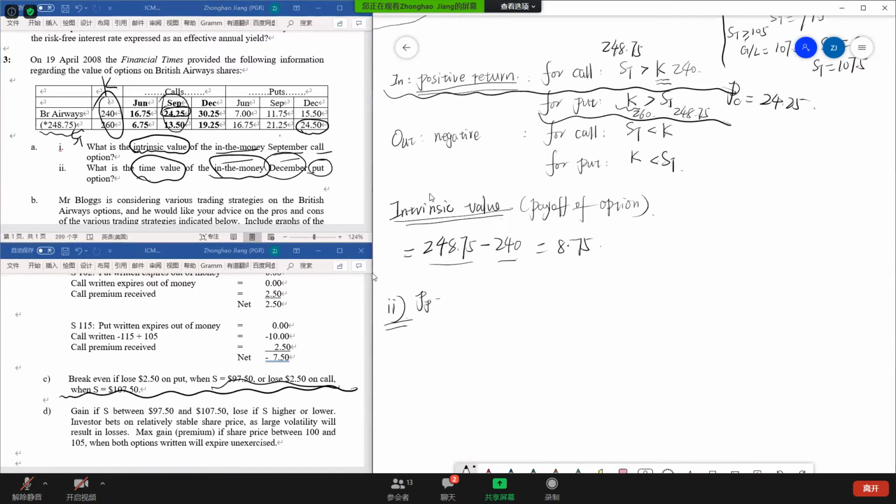So the price of the put here is 24.5, and because the option price equals the intrinsic value plus the time value, the time value equals the option price minus the intrinsic value of the put.